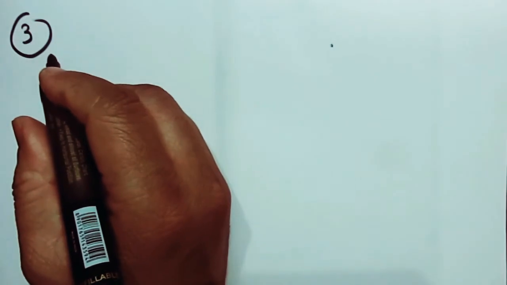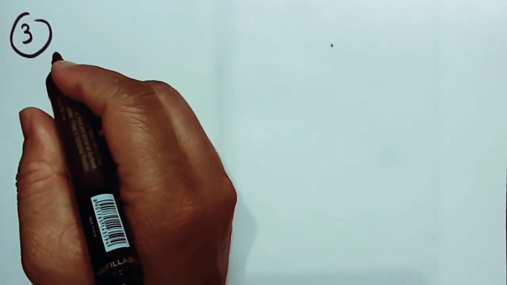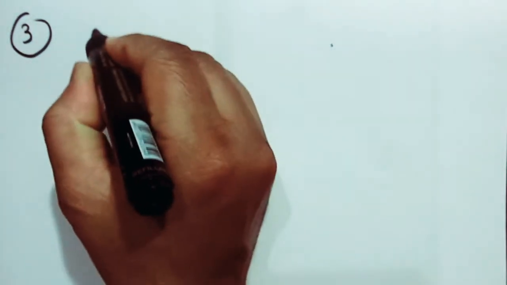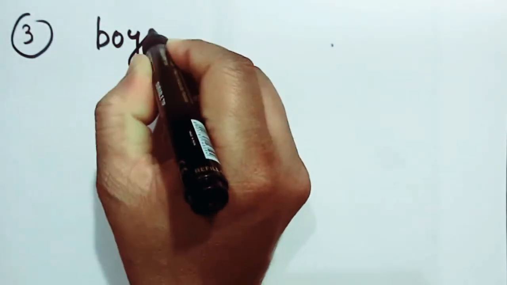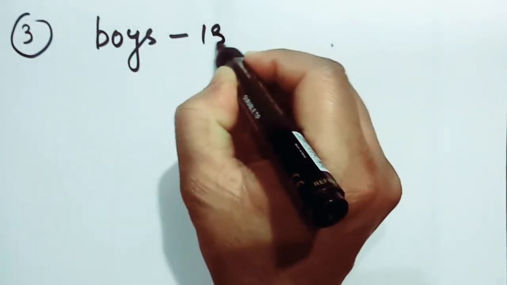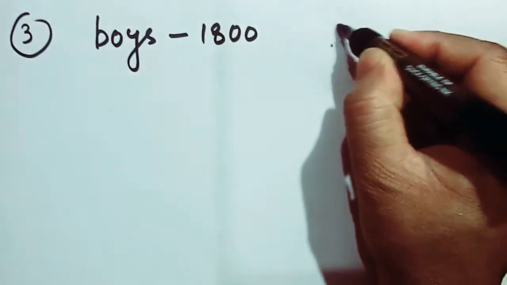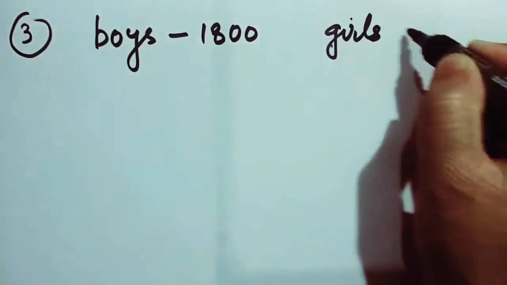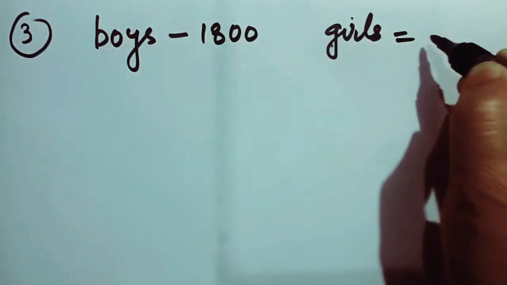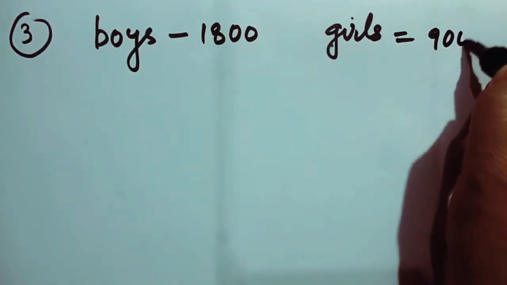Number 3 has already been done, but it was in a different form. They say that the number of boys they have given you as 1800, and the number of girls they have given you as 900.